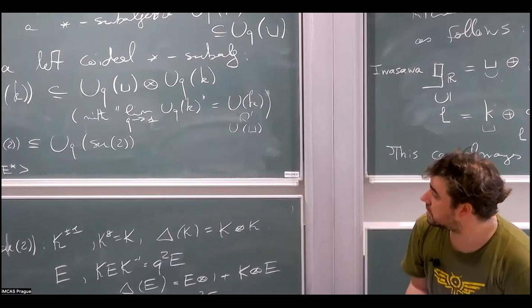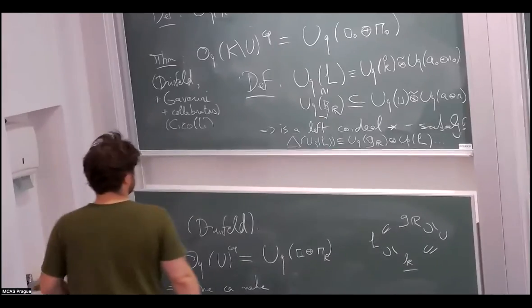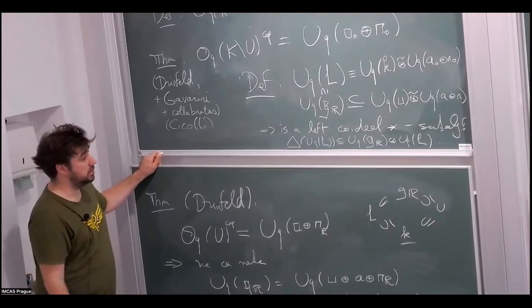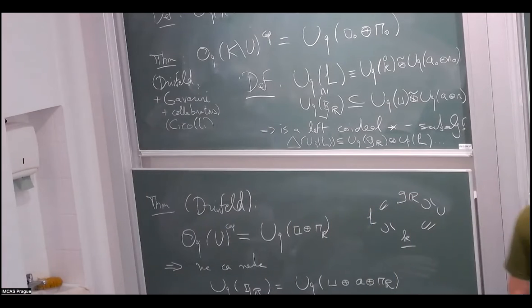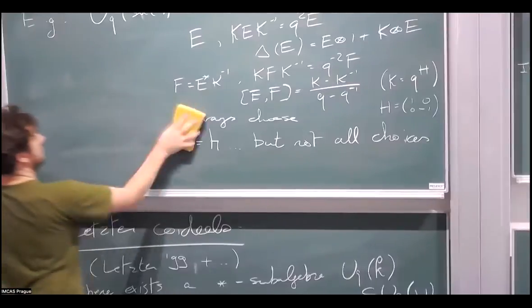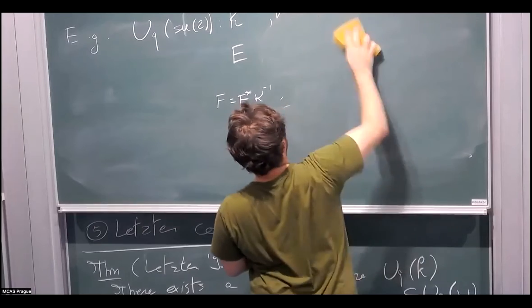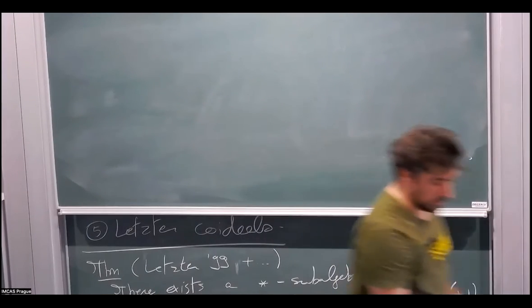I will not have time to show how to do this in the analytic framework for C-star algebras. You can actually do this also for C-star algebras, but let me just explain the appearance of the monoidal structure on the purely algebraic side. To end, I want to show you how you can actually get a monoidal structure.